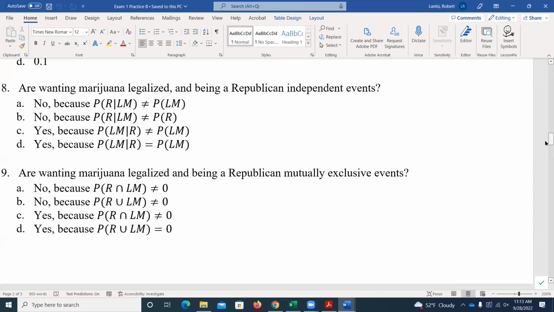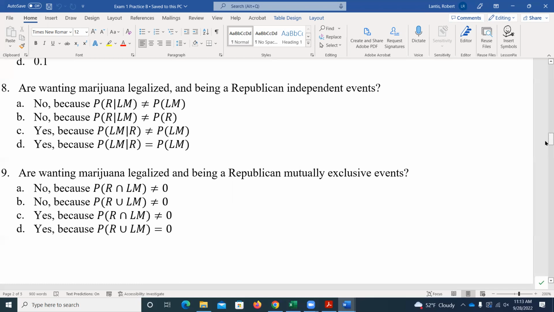If you did see a 0 up there in the contingency table, then the answer has to be yes, because the intersection is equal to 0. That's not even an option. If they were mutually exclusive, then the intersection should be equal to 0, so that option doesn't make any sense at all. The union doesn't have to be equal to 0; it's just the intersection.